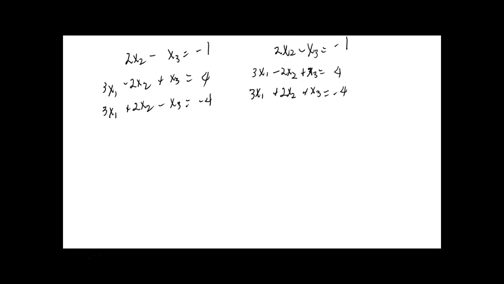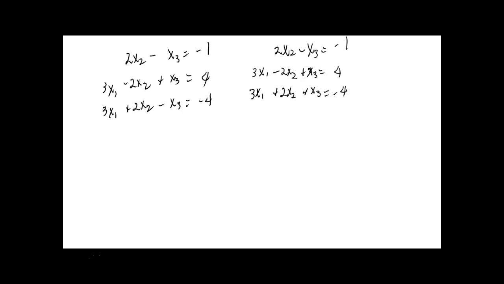In particular, it's 2x sub 2 minus x sub 3 on the first one, but it's 2x sub 2 plus x sub 3 on the second one. So your answer is going to come out to be minus.